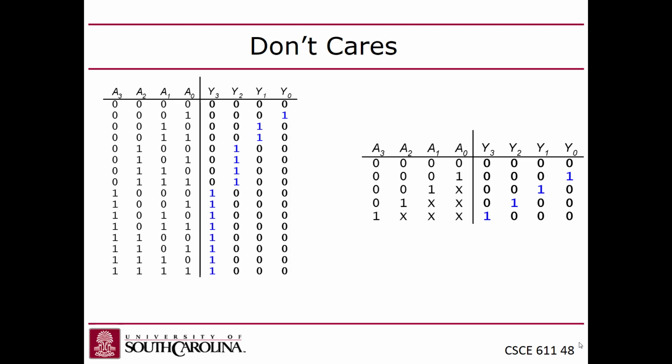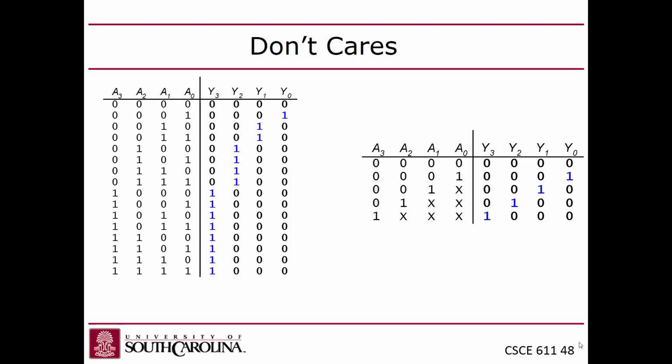If you have don't cares on the inputs, this is just a shorthand. It's essentially saying that I'm collapsing all of the rows in which the don't cares are expressed under every combination. Make sense? So this would be 0, 0, 1, 0 and 0, 0, 1, 1, right?